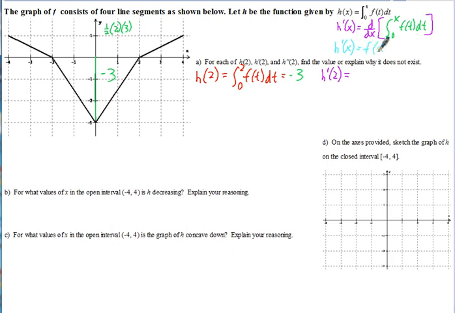So we know this was the graph of f, and h prime is equal to f. So this is also the graph of h prime of x. For h prime of 2, since this is the graph of h prime, we would just be looking at the y values. So the y value right there at 2 is 0.